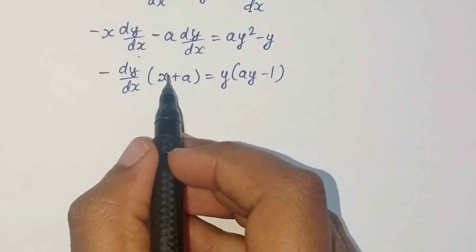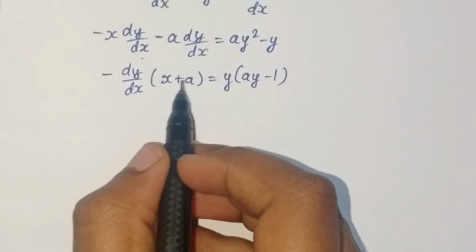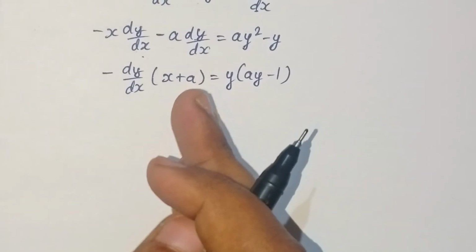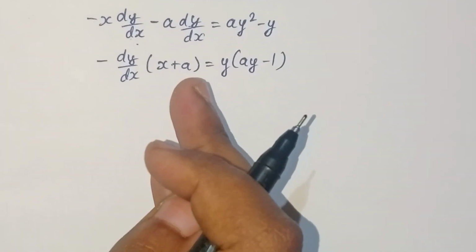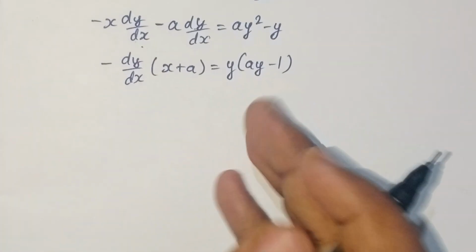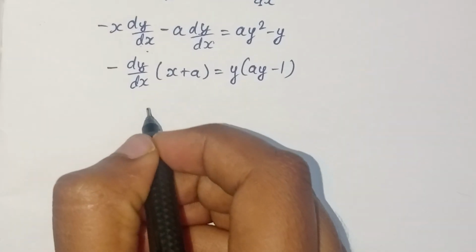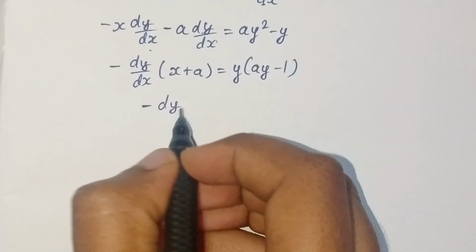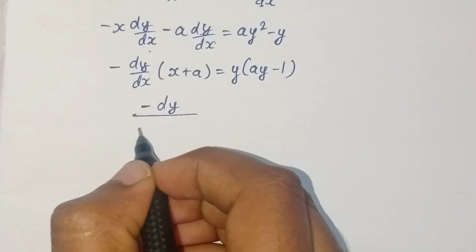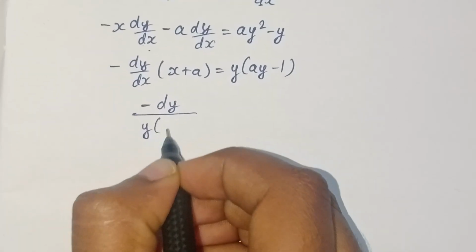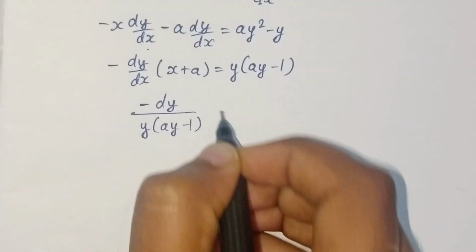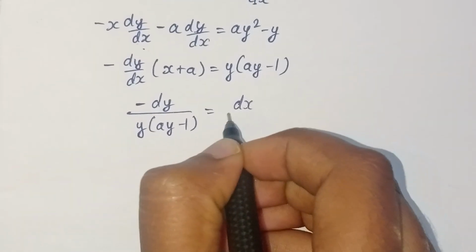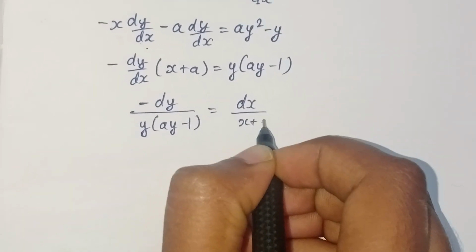Now this term is in the form of x and these are y. So we have to take dy terms on one side and dx terms on the other side. Then we can write this equation as minus dy by y(ay minus 1) equals dx by (x plus a).